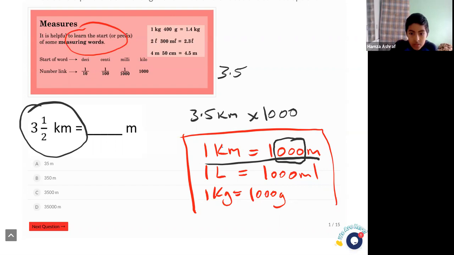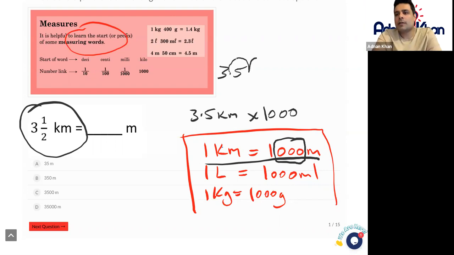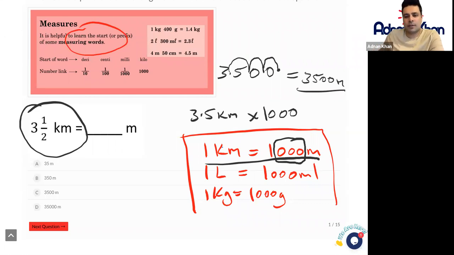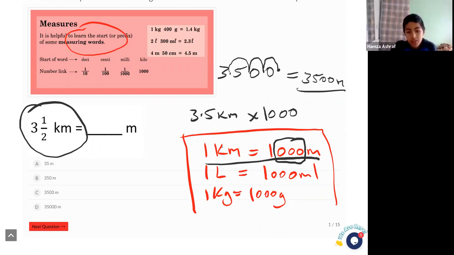Okay, let's try that. Once, twice, and 3 times. In the gaps, we just add zeros. And like you said before, it gives us 3,500 meters. Did that make sense? Yeah. So let's go for 3,500 meters.